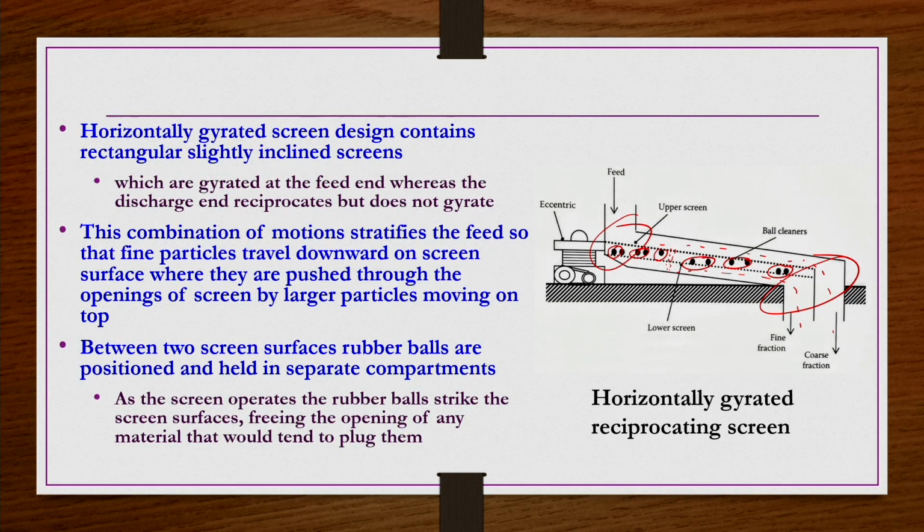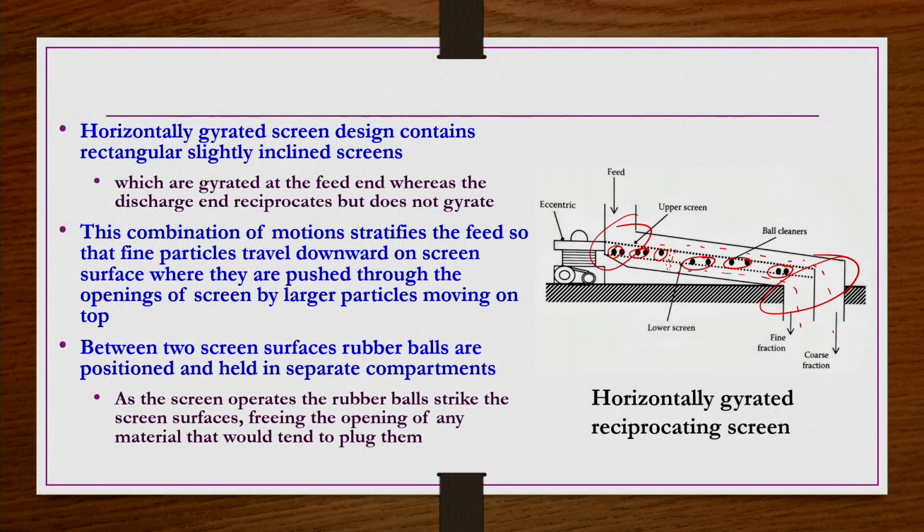If any material is plugging those screens, when these balls strike those screen surfaces, the blocking or blinding of the screen openings will be cleared by removing those particles, either moving up onto the surface of the screen, or passing through and coming to the next screen. That is the purpose these rubber balls are provided, striking the screen surface in order to avoid possible clogging. That is the great advantage of this particular reciprocating screen.